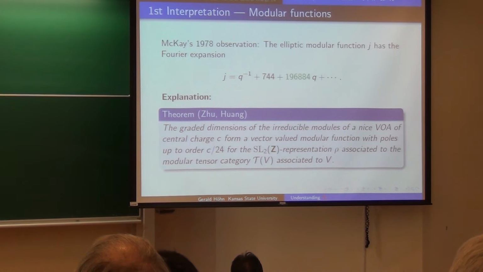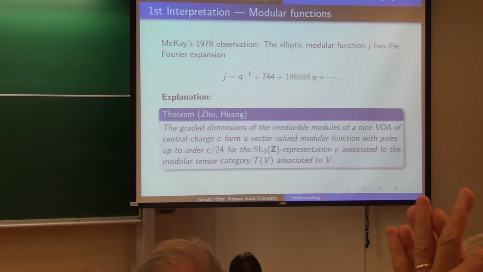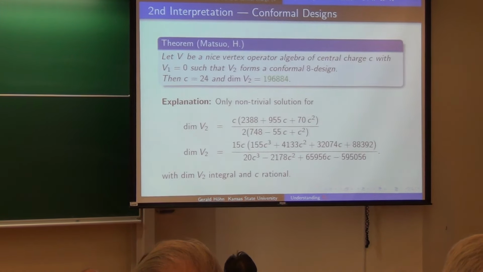Now in the case of the Moonshine module, there is only one module, and it turns out that the character of the Moonshine module has to be a modular function. And since V1 is 0, this fixes J, or J minus 744. This explains somehow the relation between the monster and the J function.